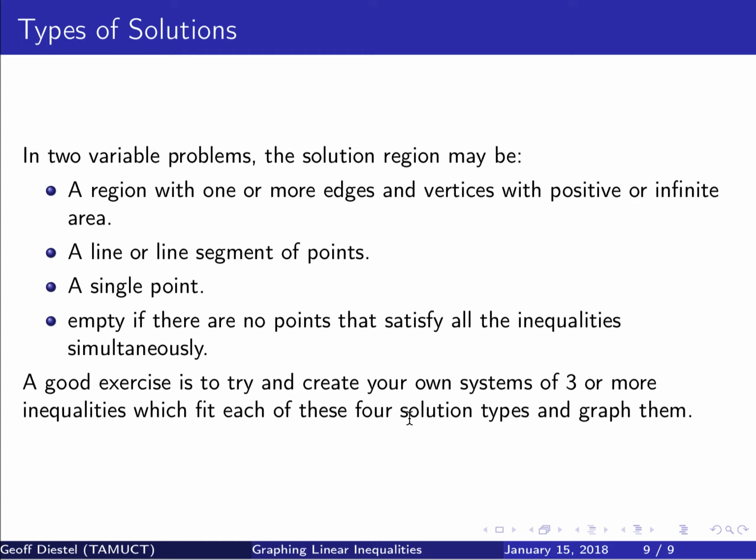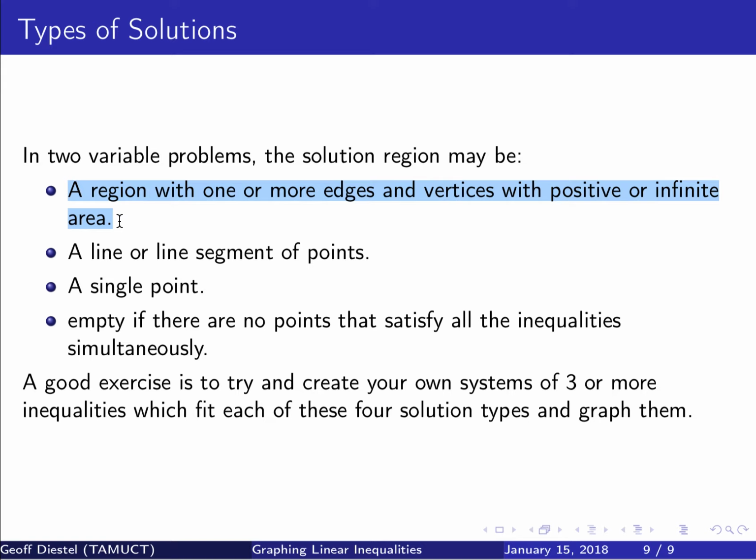When you're solving a system of linear inequalities, there are basically four things that can happen. As in the first example we had, your region could be some kind of area on the plane, which has straight edges and possibly some vertices. This region could be what we call bounded or unbounded.